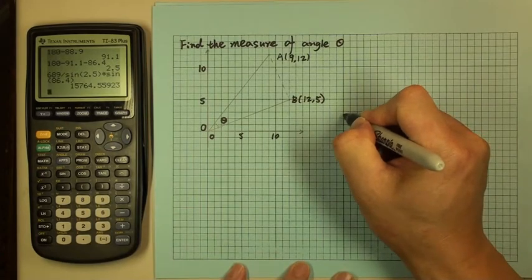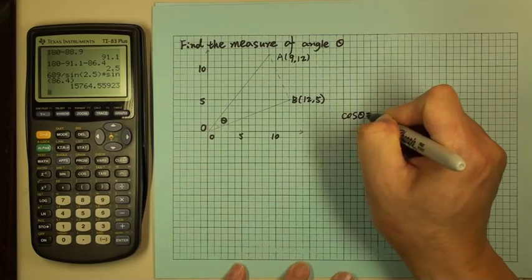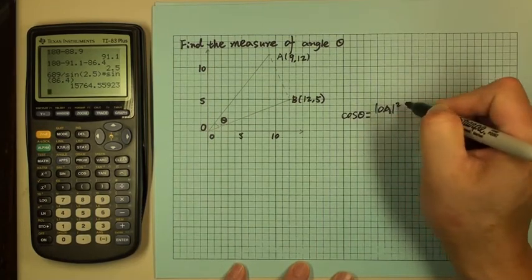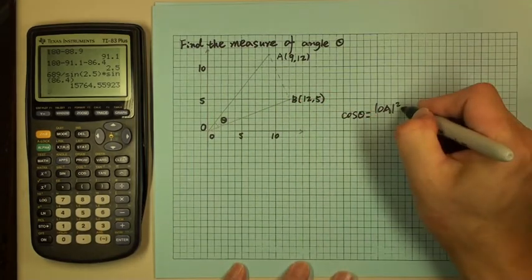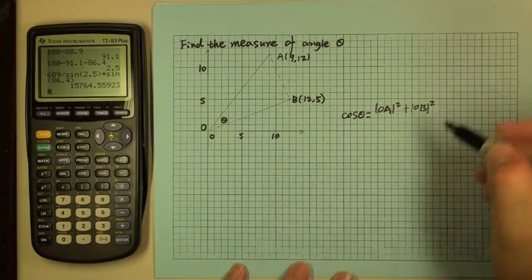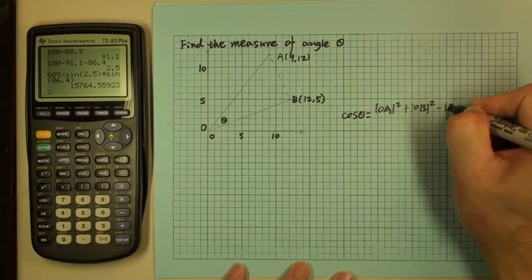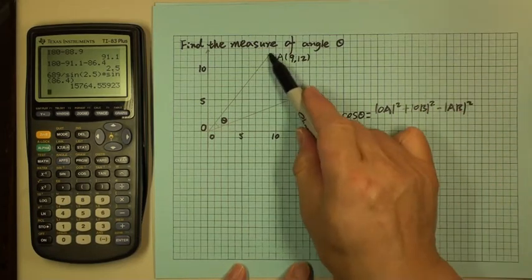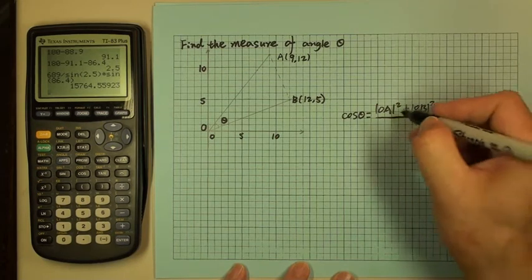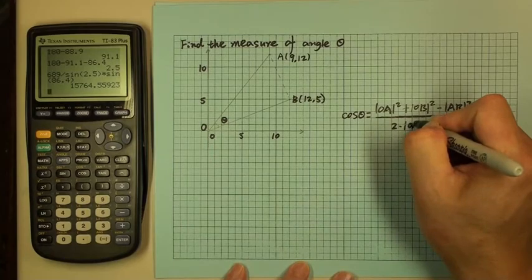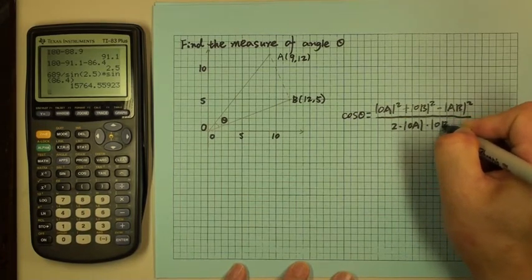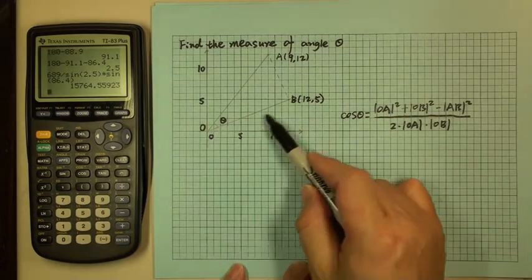From the law of cosine, we can derive cosine theta is the length of OA squared, this length squared, plus the length of OB squared, so the length of this side squared, minus the length of AB squared, so minus the length of this side squared, and then divided by 2 times the length of OA, 2 times this side, and then times the length of OB, times the length of this side.